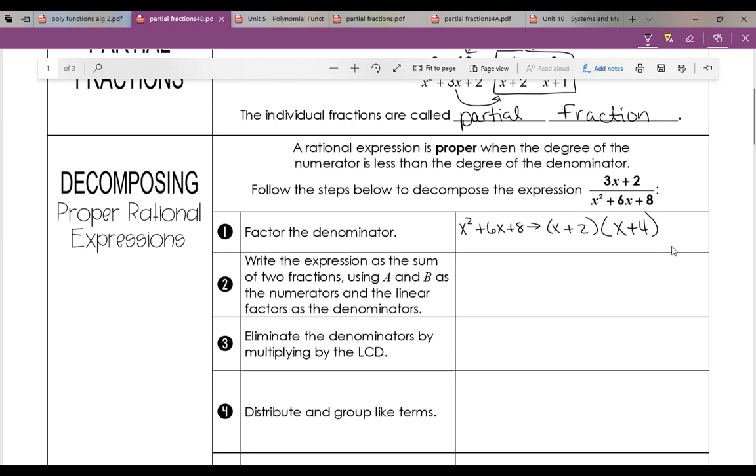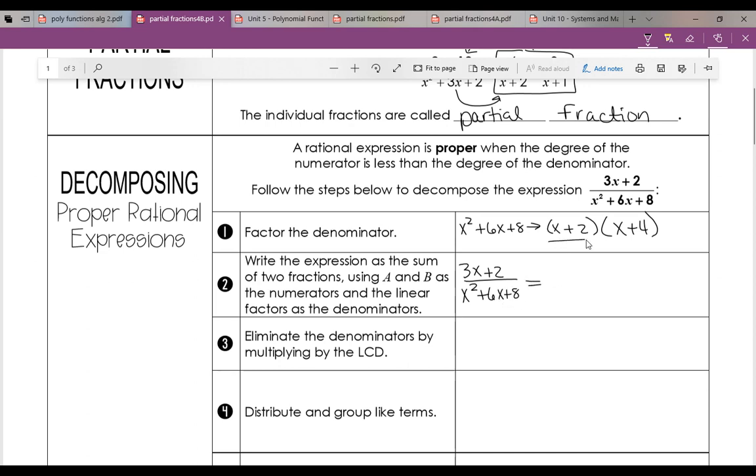Now, what comes next is we're going to write the given expression as the sum of two fractions, with A and B being the numerators and the factors of the denominator being the denominators. So we're going to take 3x plus 2 divided by x squared plus 6x plus 8.